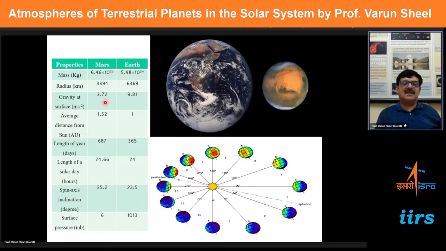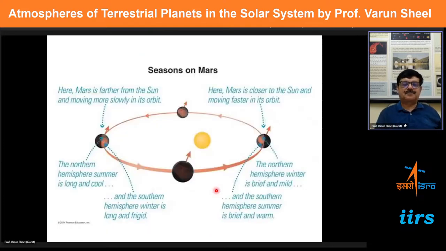Of course, the gravity is different for these two planets, and also the length of the year, because Mars has a much more elliptical orbit. But it is the season. Because of the season, there are phenomena like dust storms, which we will come to a bit later, and that is what gives rise to the climate of Mars.